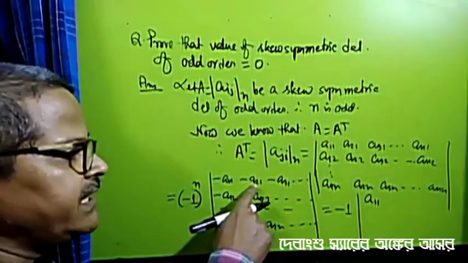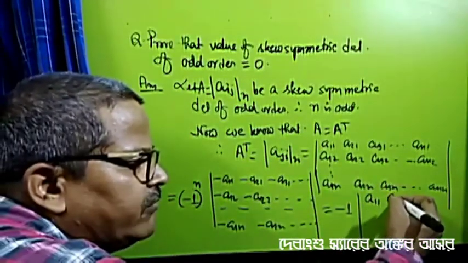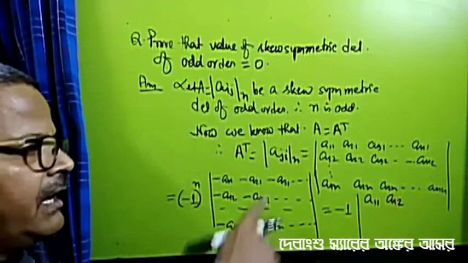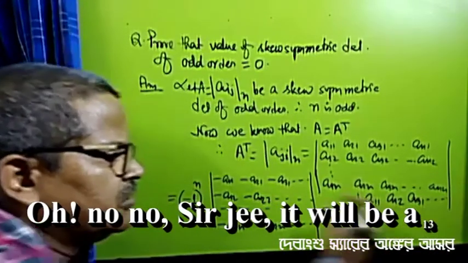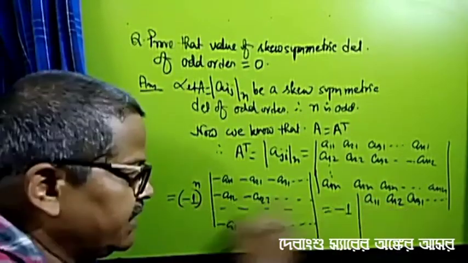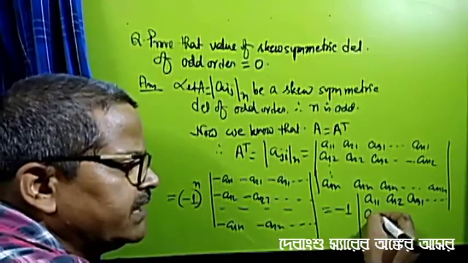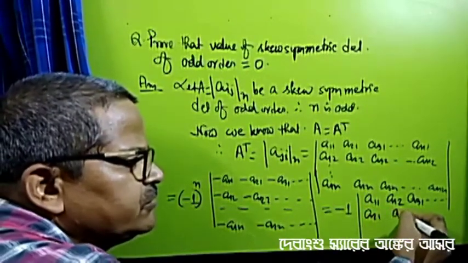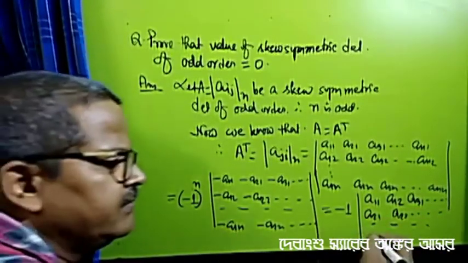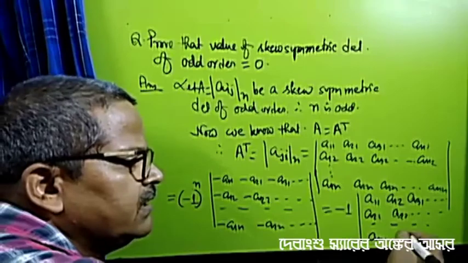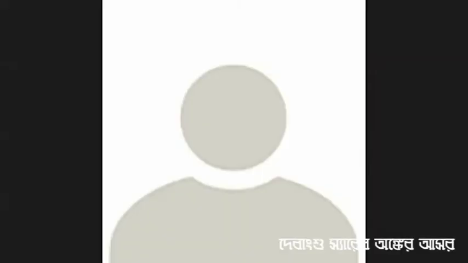So -A21 becomes A12, -A31 becomes A13, -A12 becomes A21, A22, -A1n becomes An1, Ann.